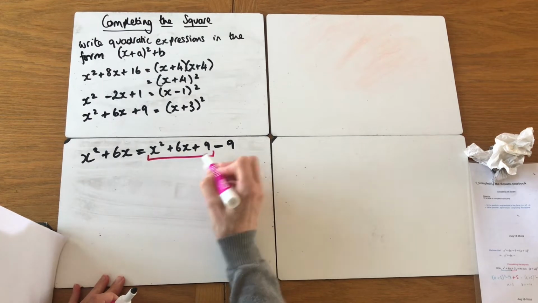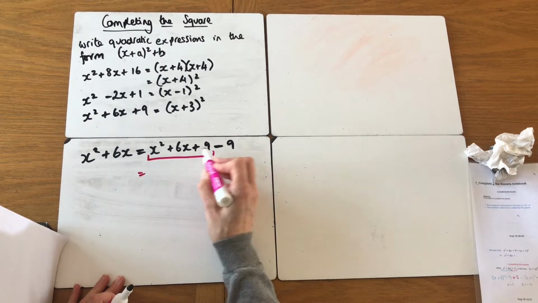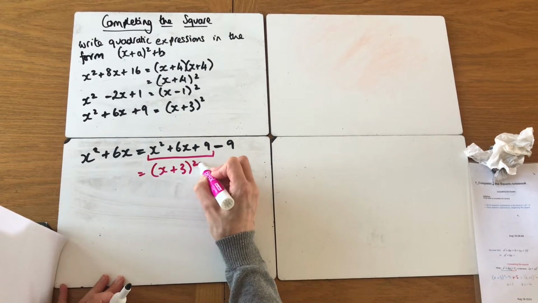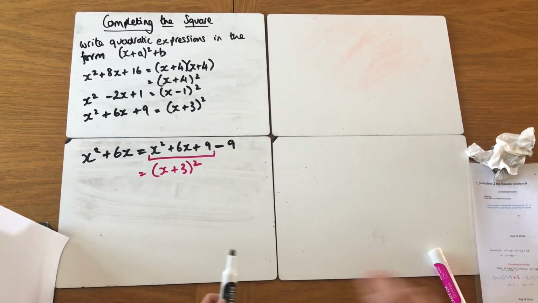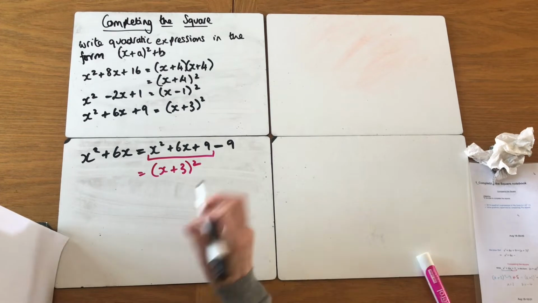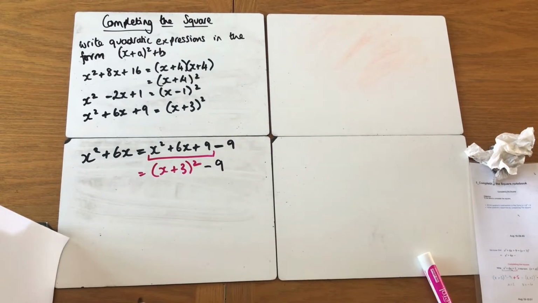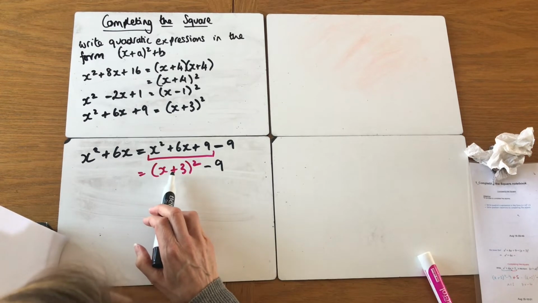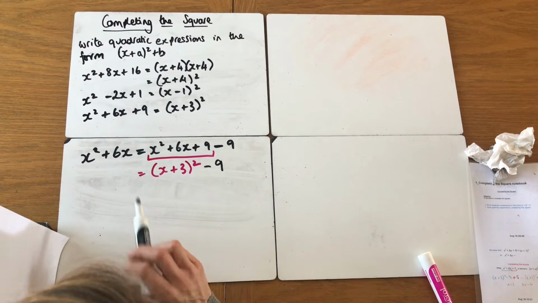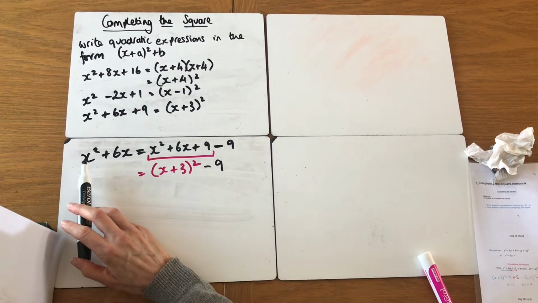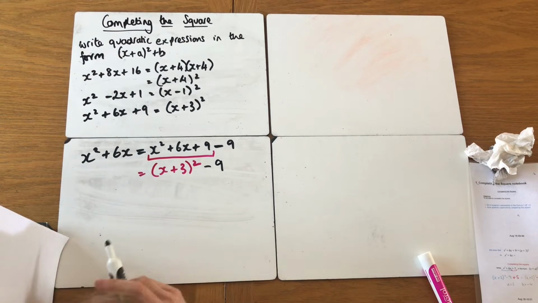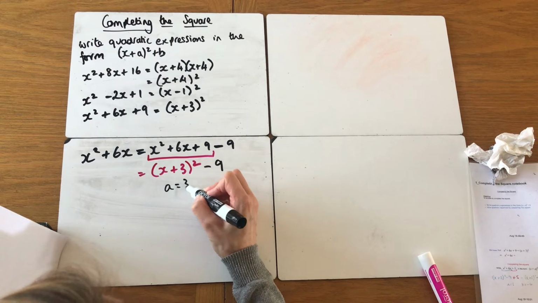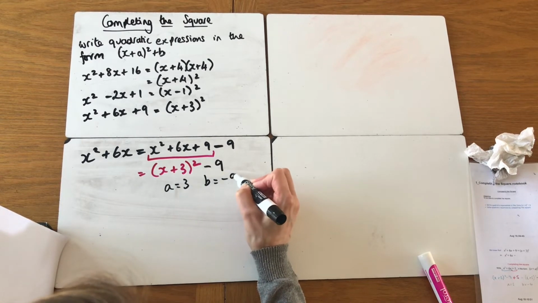We know from above that x squared plus 6x plus 9 is the same as x plus 3 all squared, so the pink parts are equivalent and then we subtract the 9. So x plus 3 all squared minus 9 is equivalent to x squared plus 6x. It's the completed the square form, where we would say that a is equal to 3 and b is equal to minus 9.